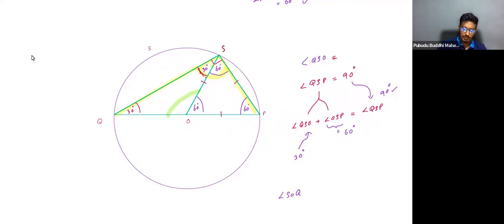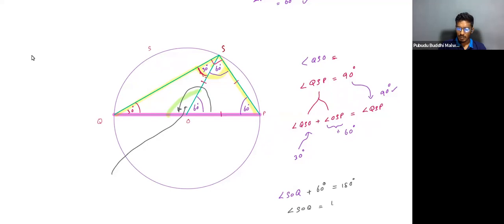Either we can use this straight line and focus on this point O. Angles on a straight line equal 180. Therefore, this part should equal 120. Right? Because SOQ plus 60 degrees equals 180, the total angle. Then we can solve for SOQ: 180 minus 60, that is 120 degrees.